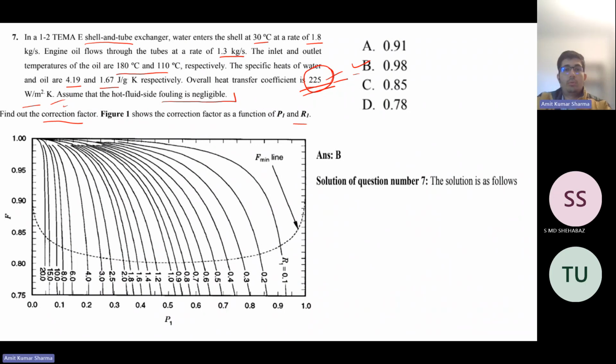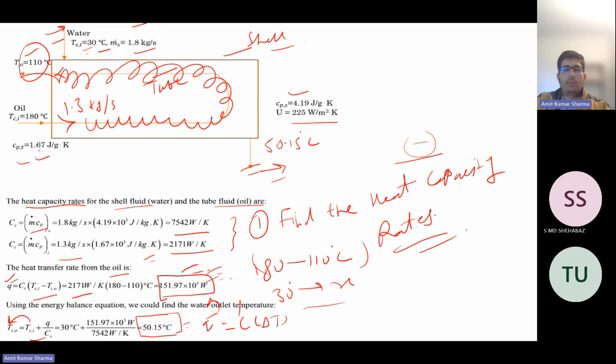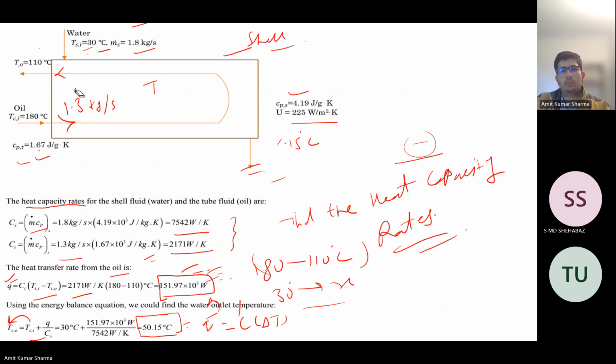Okay. So if you want to note down any data from this slide, you can note it down. That is going to help you in the calculation of the area of the heat exchanger surface.